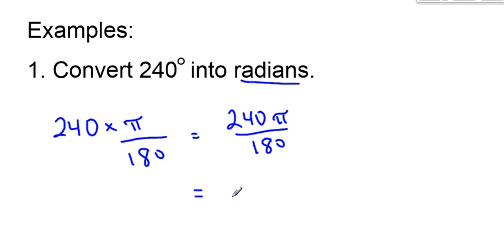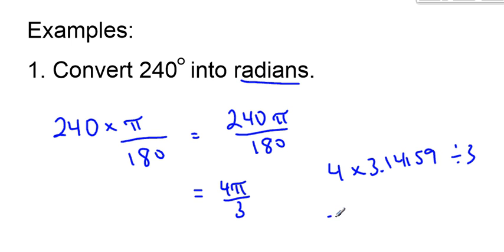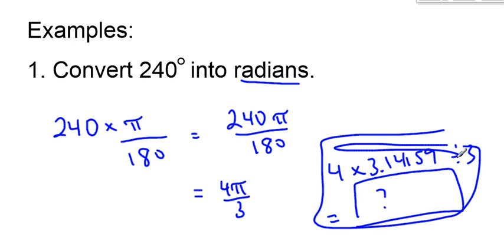So these are both divisible by 60. So that would be 4 pi over 3. Now, if I did want it in decimal form, this is where I would just take my calculator and type in 4 times pi and then divide by 3 and get whatever the decimal of that is. But normally we just leave things in exact form when we can.